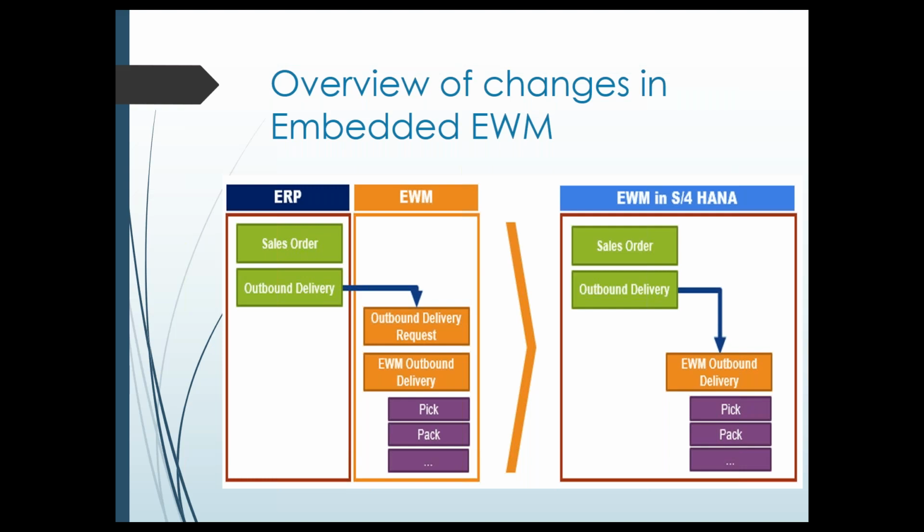So what I mean by S4 is that it's simplified: we do not need the core interface, we do not need master data transferred from one system to another, and duplication of deliveries is no longer required. Okay, that is one thing. Is this clear, everyone?